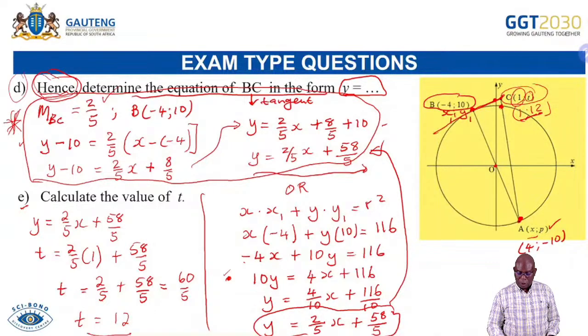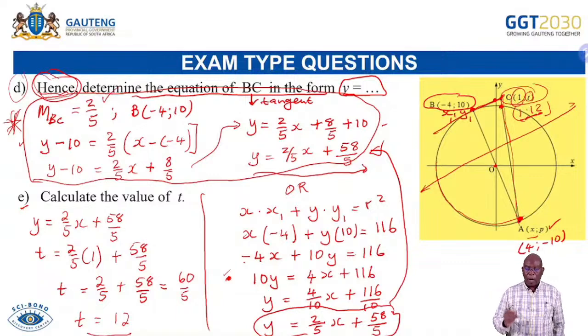I can get the equation of this line, and I'm given the equation of that line, and I'm given the equation of the circle. Then you use the simultaneous equation to get the other 2 points. I'm just making an example. So then they request me to get a point maybe K and point L.